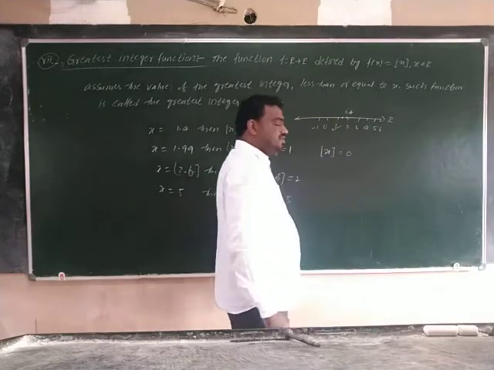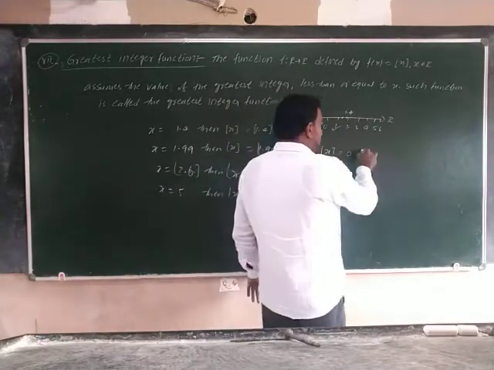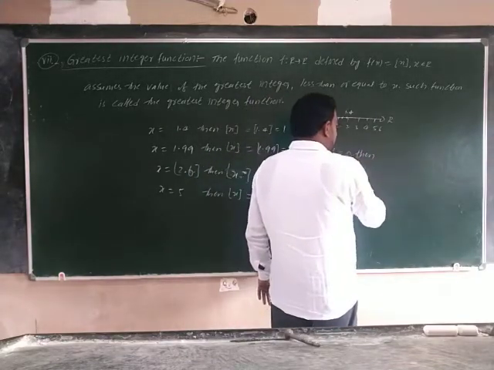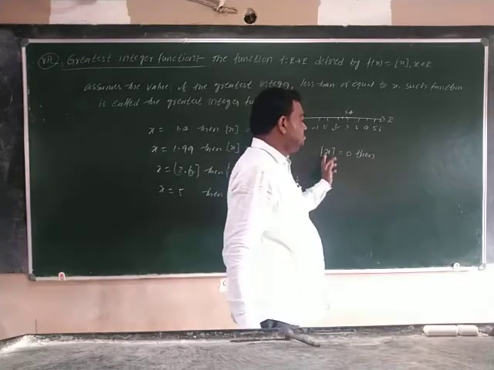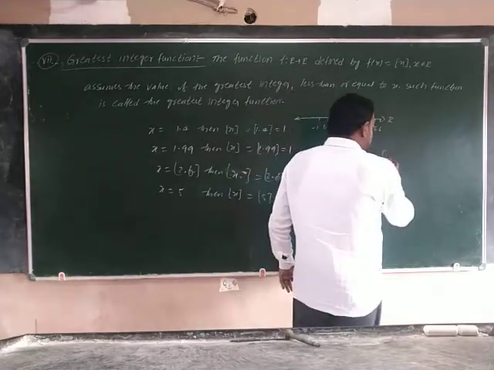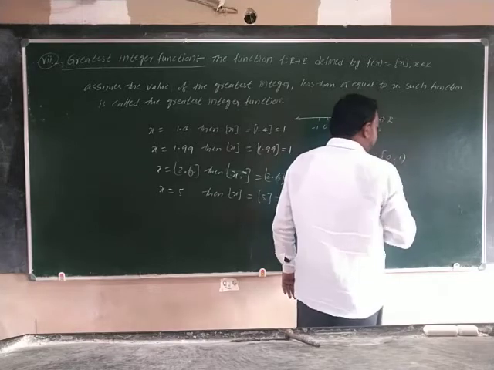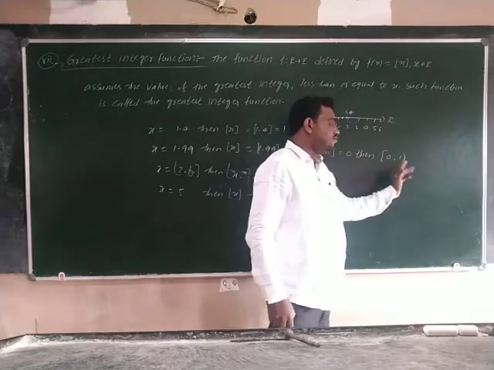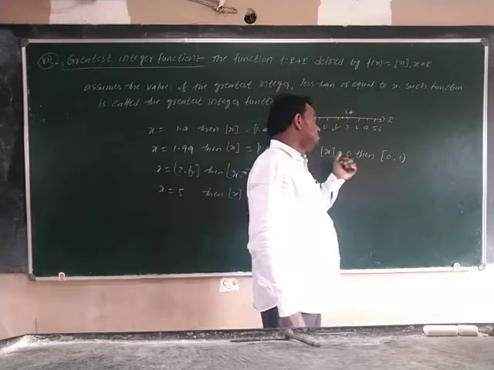Now, greatest integer of x equal to 0 means for which values of x is the greatest integer equal to 0. 0 to 1, left closed and right open. In 0 to 1, all the values give 0 only.